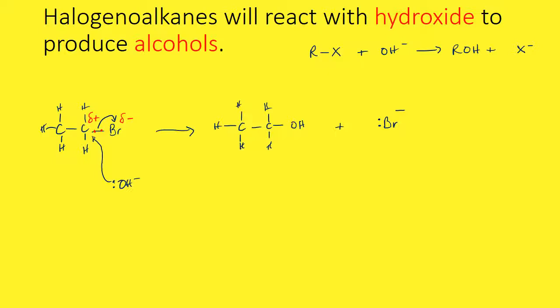So that's how we make an alcohol, because this is our alcohol. So that's going to be ethanol, which we made from bromoethane and hydroxide.